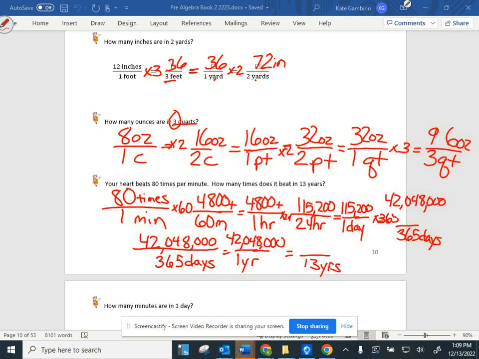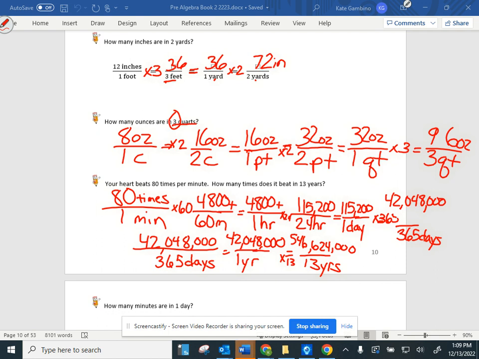So we're going to multiply by 13. And I'm going to work my way backwards with that answer. We've got 3 zeros, and we have 6, 2, 4, and we have 5, 4, 6. So 546,624,000 times in 13 years.